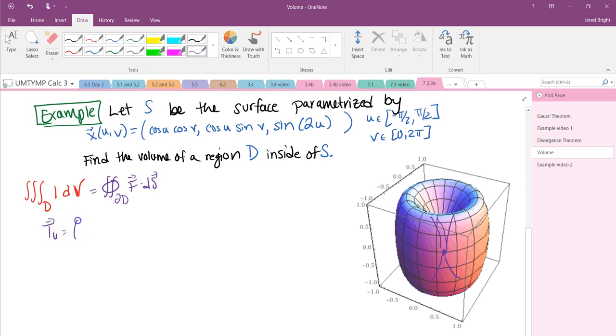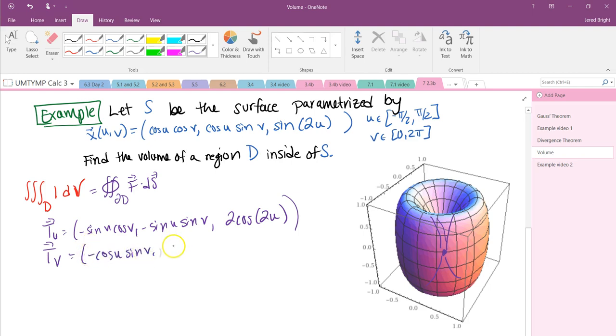So tu ends up being (-sin u cos v, -sin u sin v, 2 cos 2u), and tv is (-cos u sin v, cos u cos v, 0).